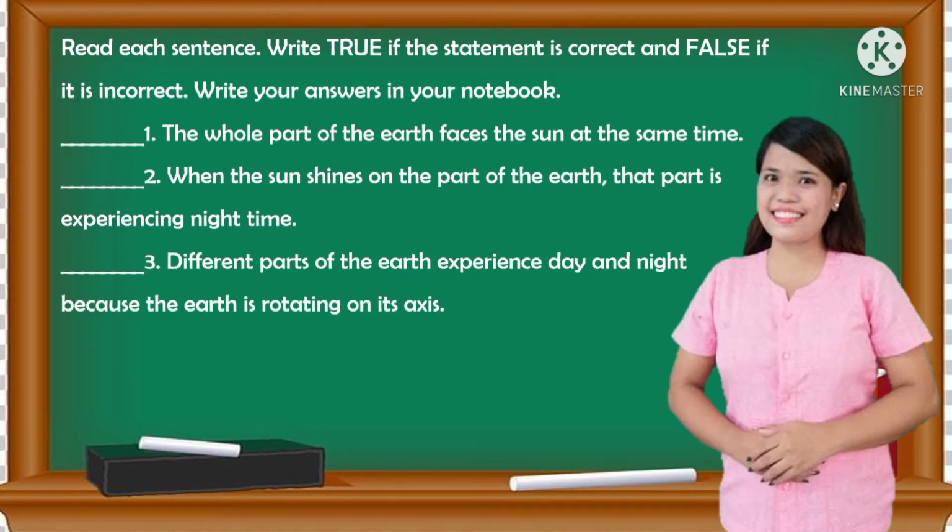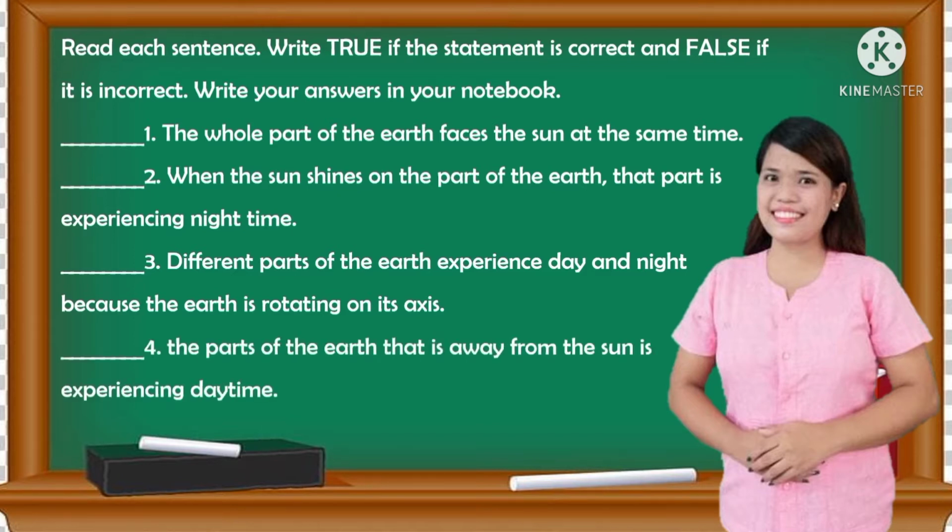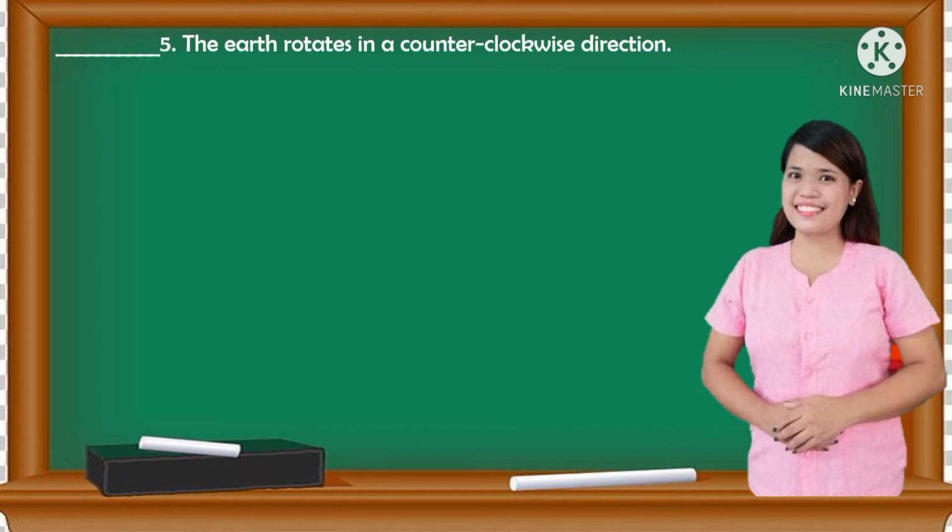3. Different parts of the Earth experience day and night because the Earth is rotating on its axis. 4. The parts of the Earth that is away from the sun is experiencing daytime. 5.